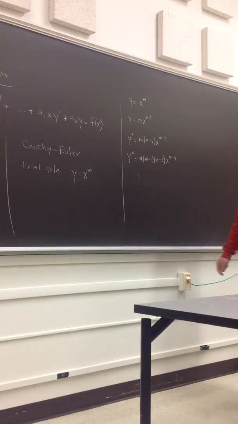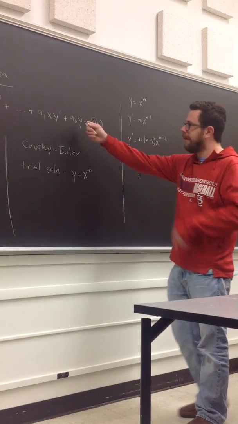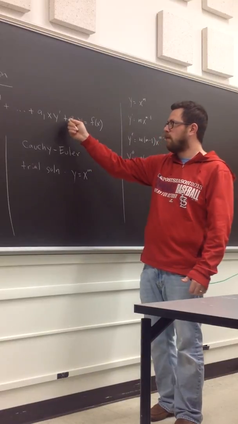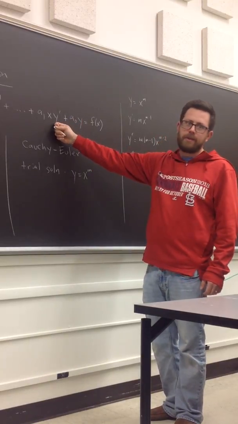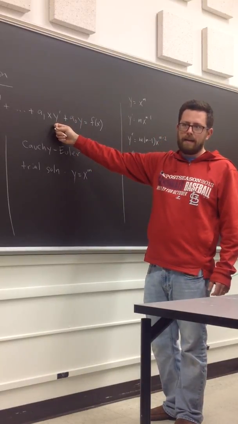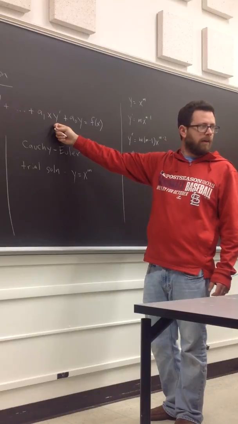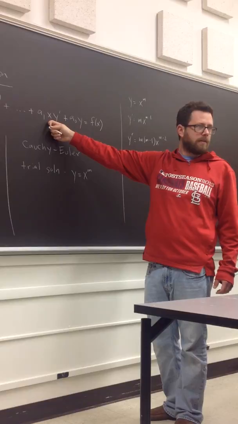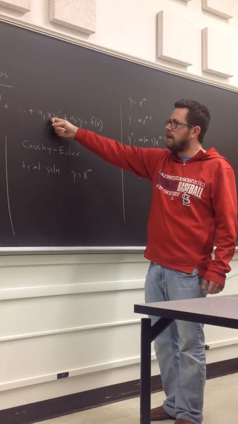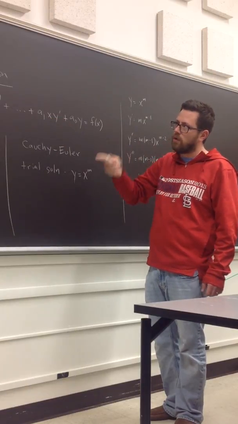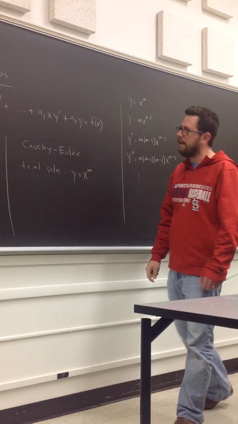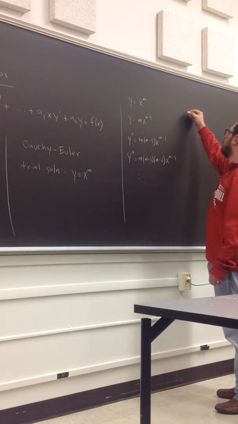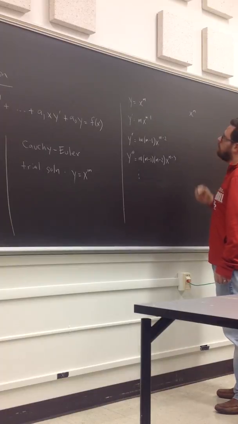So if you substitute y, this has degree m. If you substitute y prime, well, y prime is something multiplied by x to the m minus 1, but then multiplied by x gives you x to the m. So this factor of x is going to restore the power to x to the m.